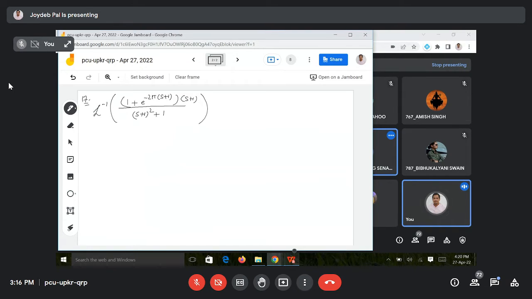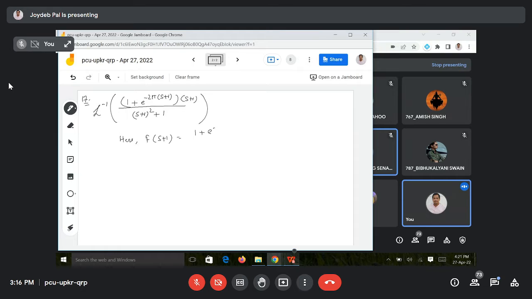Better to use, I think, first shifting theorem. To use first shifting theorem, the given function should be considered as a function of s minus a. So here it is a function of s plus 1, right? Yes. So f of s plus 1, I'm going to apply first shifting. That is why I'm writing in that way.